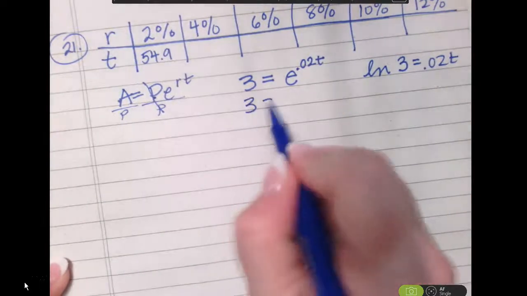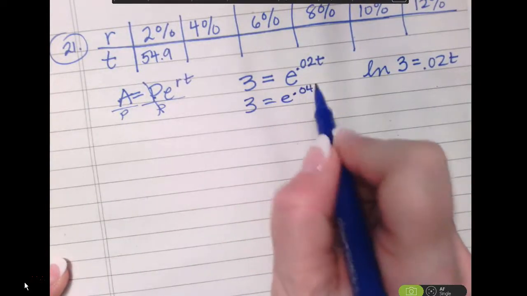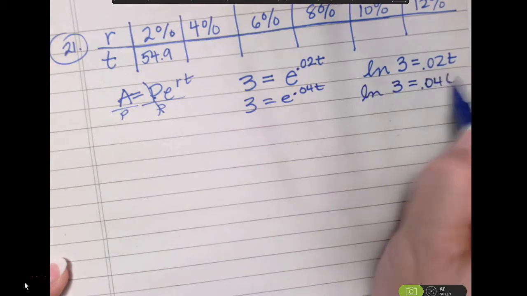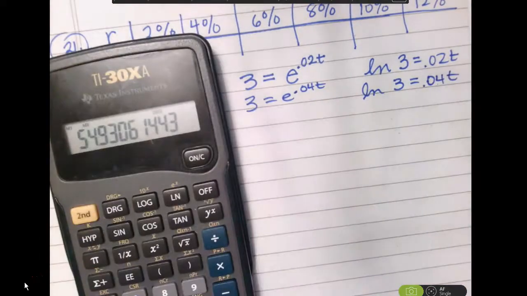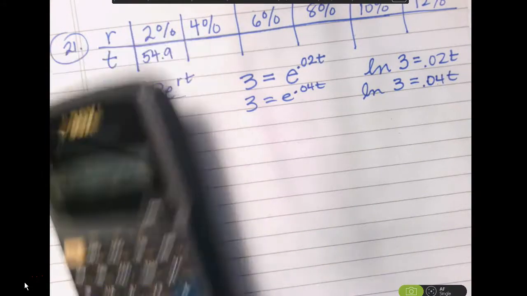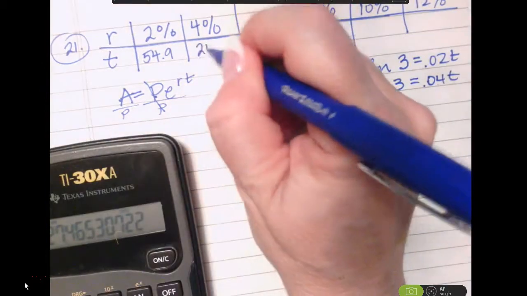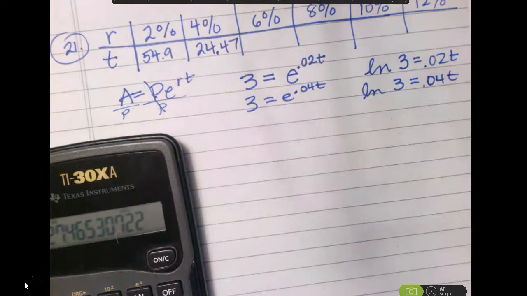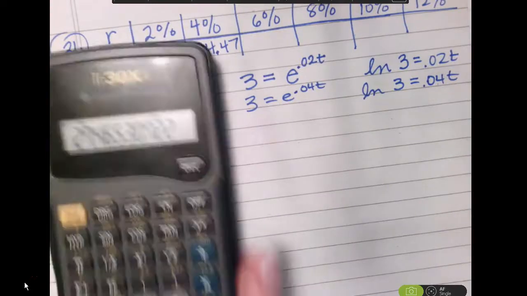So 3 equals e to the 0.04t. Natural log of 3 equals 0.04t. So now I'm taking the natural log of 3 divided by 0.04 and getting 27.47. So it kind of looks like half of the number, but let me keep going.